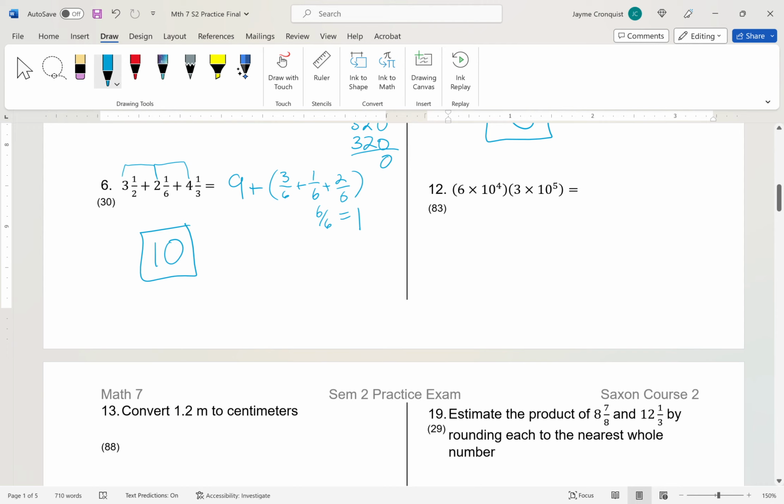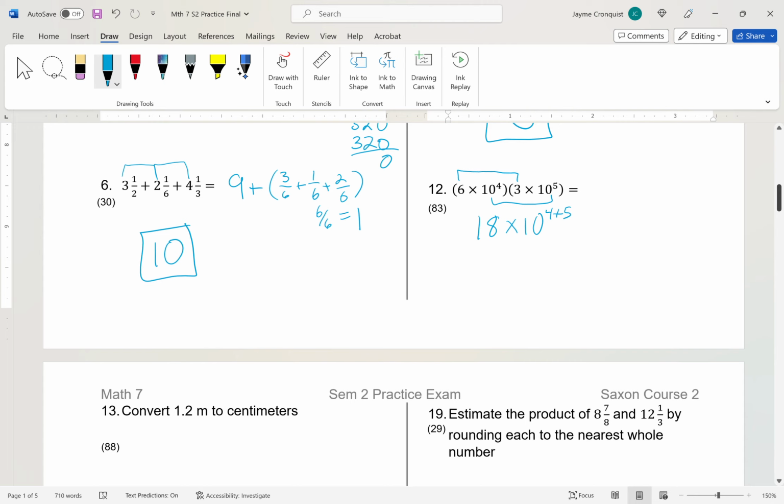Alright, when we multiply scientific notation, we multiply the numbers. 6 times 3 is 18. And when we multiply the two bases, what we do is we add the exponents. So this becomes 18 times 10 to the 9. Now, the problem is, 18 is not standard scientific notation.